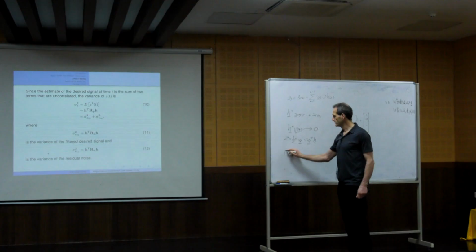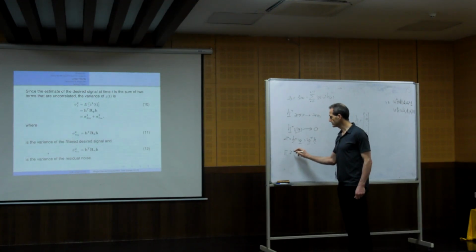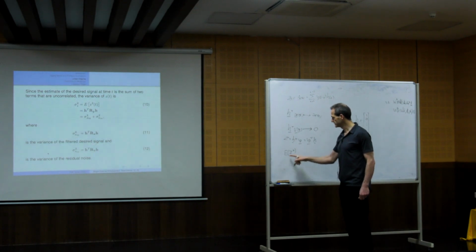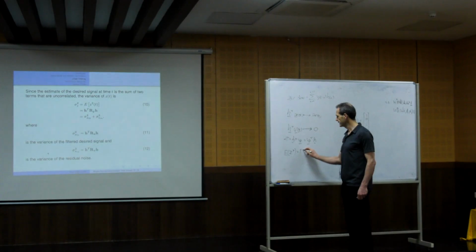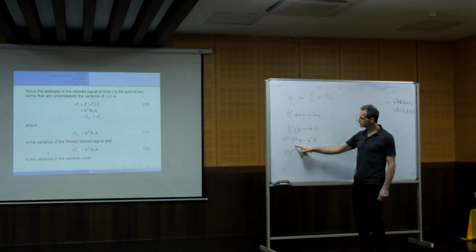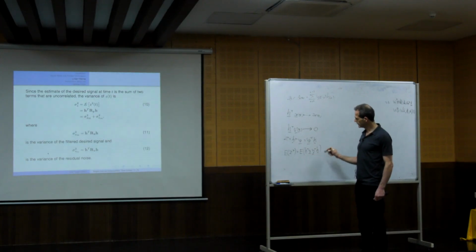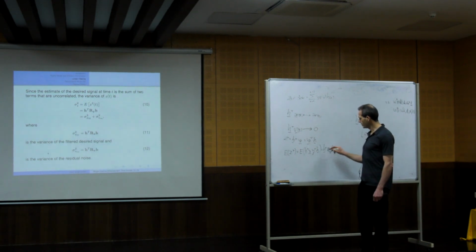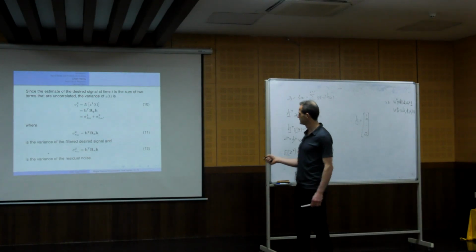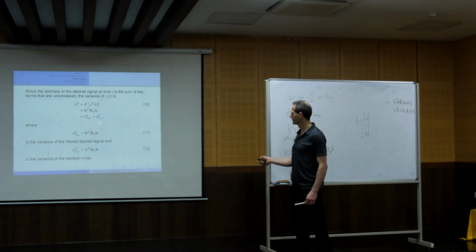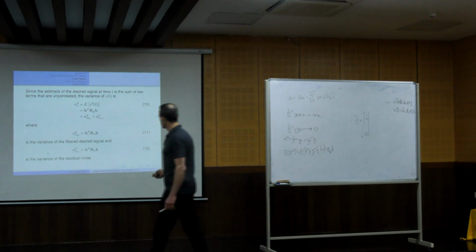So the variance of Z, we can write it as E of Z multiplied with Z, but differently: H transpose Y, Y transpose H. Even though we can write this as squared, it's better to write it like this, because like this, we can write it as H transpose Ry H. And Ry, because X and V are independent, we can write it like this, two components. You see, with linear filtering, everything is much simpler.